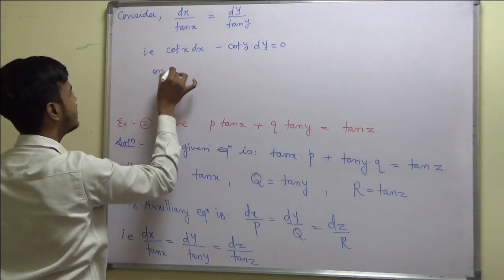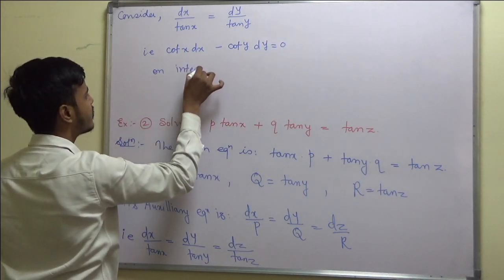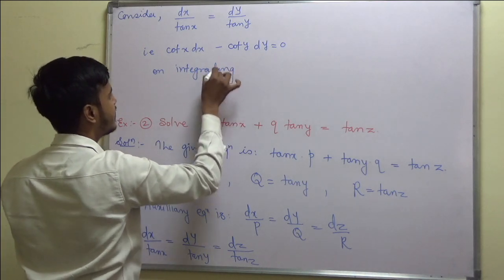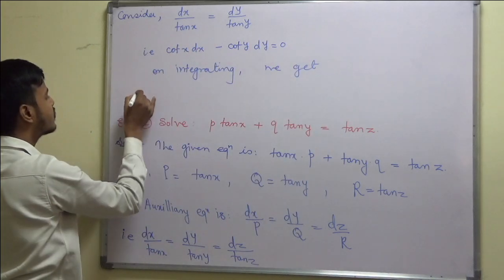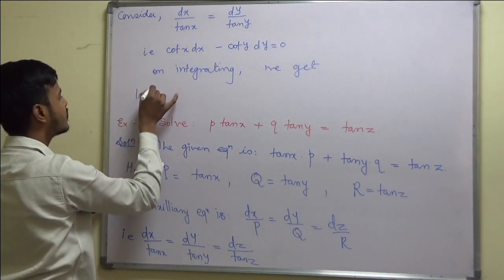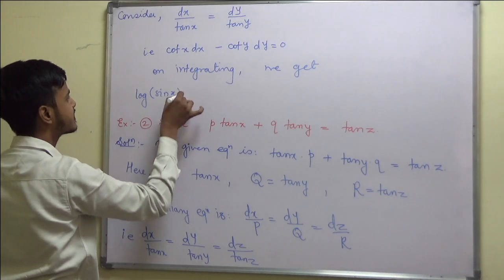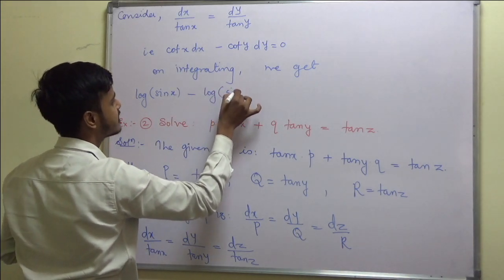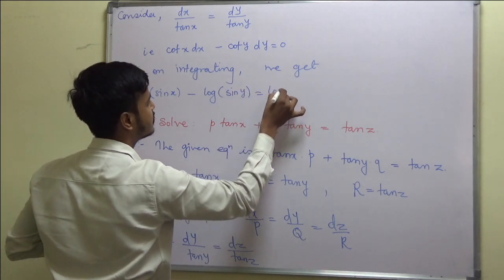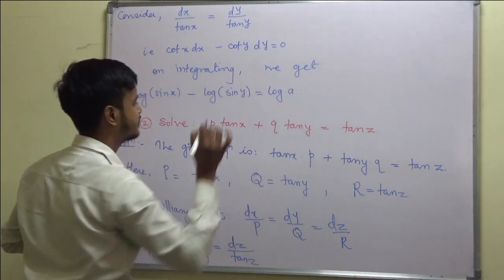Now just integrate. So when you integrate, what will you be getting? On integrating, we get log of mod of sin x minus log of mod of sin y is equal to log a.